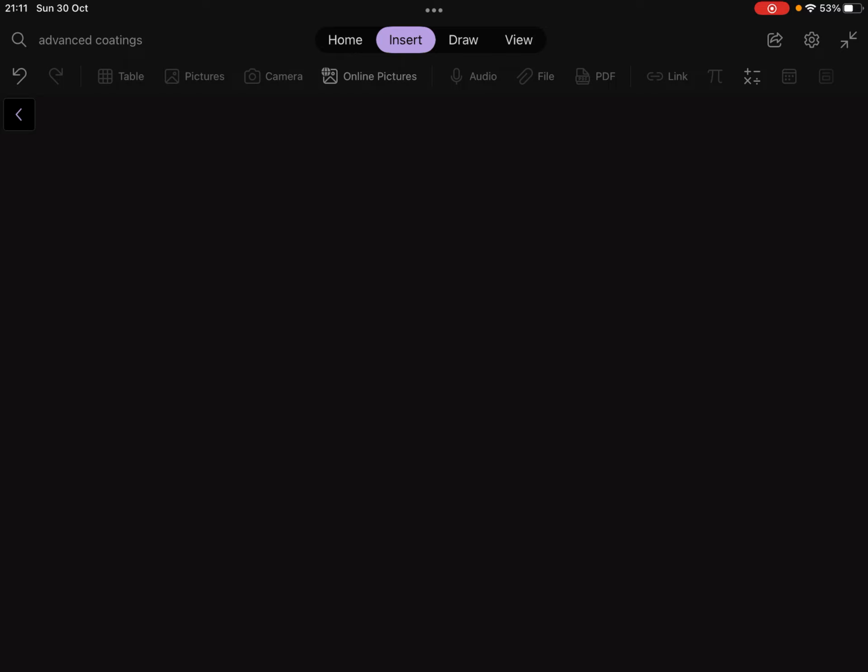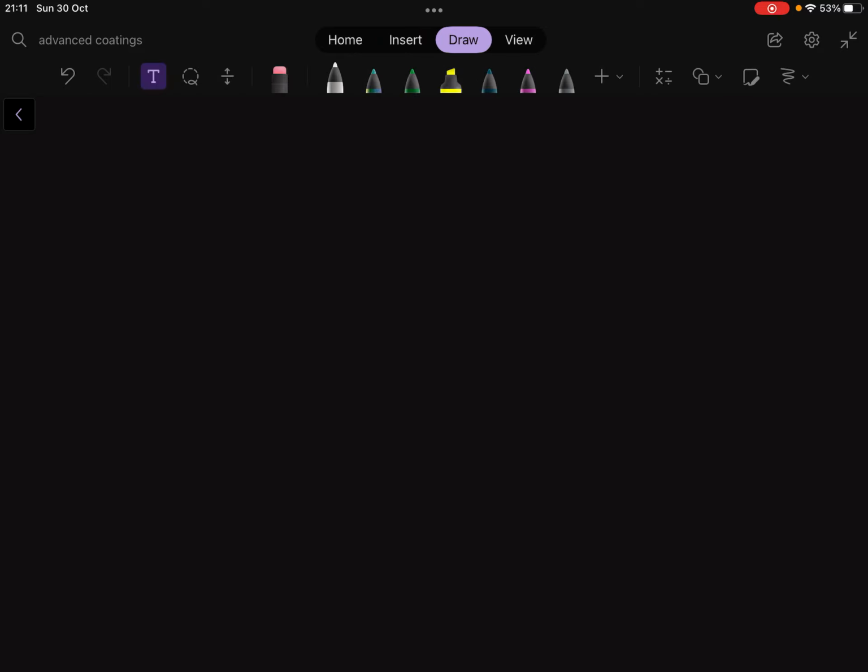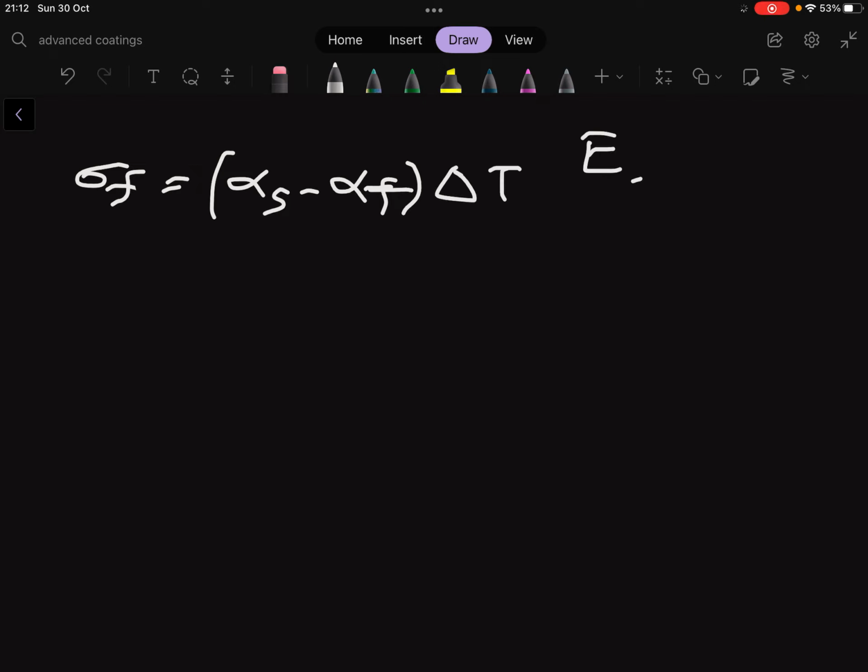So thermal stress in the film can be written by this equation: sigma f is equal to (alpha s minus alpha f) delta T, times Ef upon 1 minus mu f.